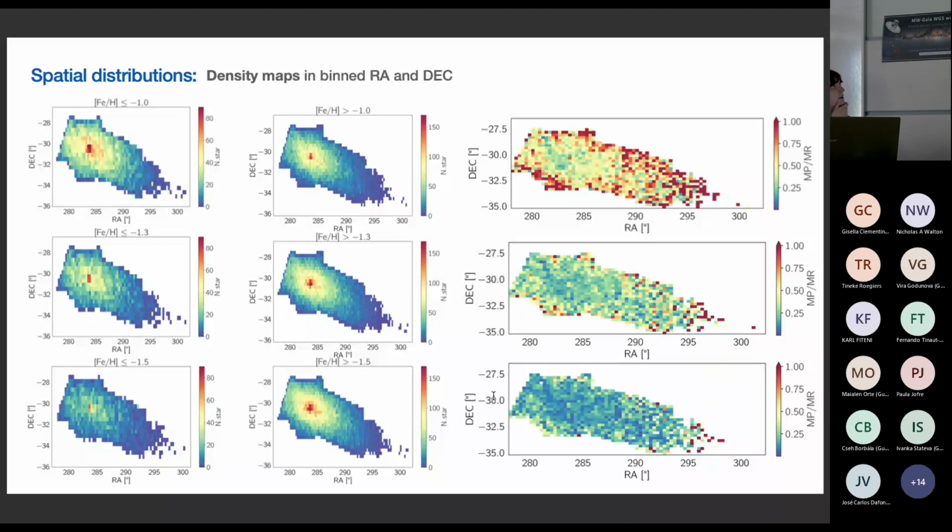What is very interesting was plotting the ratio between the metal poor and metal rich populations in space along the Sagittarius footprint. Even if we choose different metallicity cuts, we can appreciate the same trend: the relative number of metal poor objects tends to grow moving to the edges of the galaxy, and decrease at the very center.